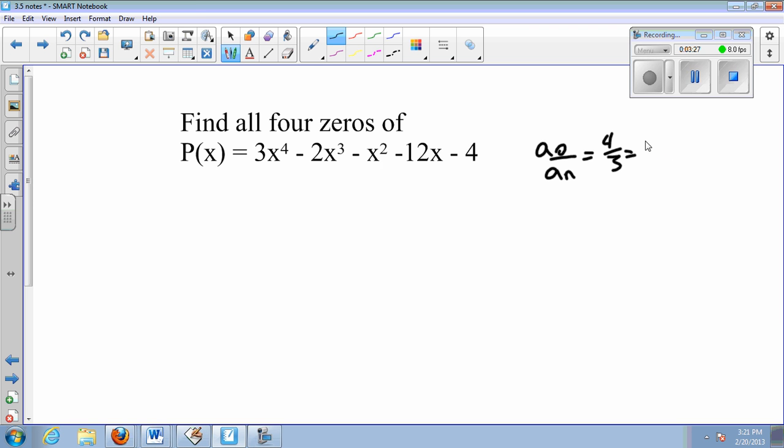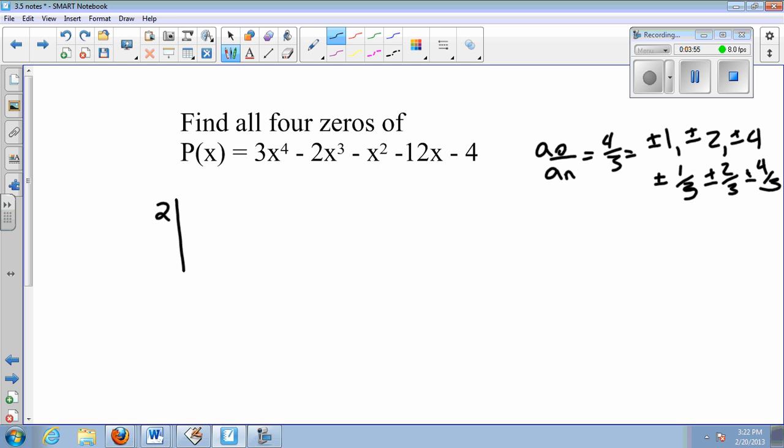So possible zeros: positive negative 1, positive negative 2, positive negative 4, positive negative 1/3, positive negative 2/3, positive negative 4/3. So like I said, use a graphing calculator, plug it all in, see what works out.